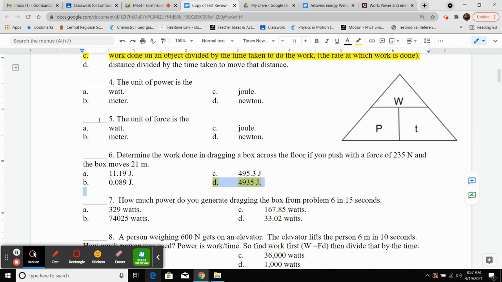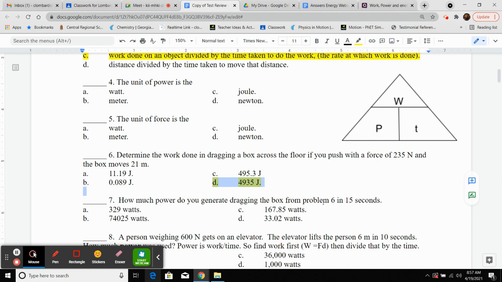Now, what about 7? How much power are you going to generate dragging the box from problem 6 in 15 seconds? Okay, so what do they want? Power. Covering P up in the triangle, it's W divided by time. So the work that you did was the answer for number 6.